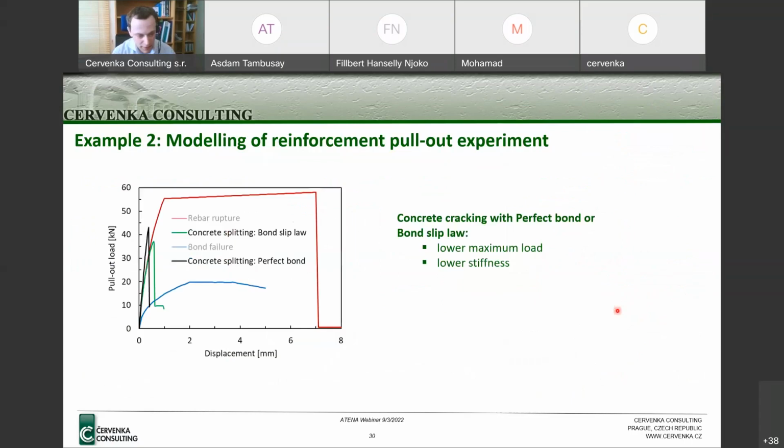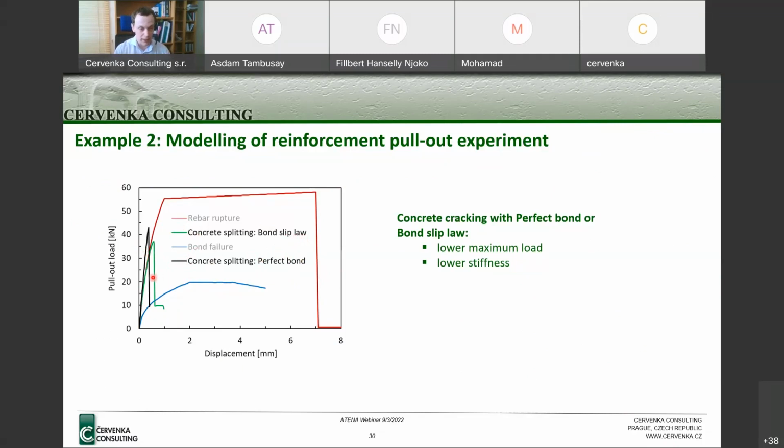Final slide of this presentation, just to compare the two. As at the beginning, I was explaining about simulating the bond slip as a function of cracking of concrete. So if I compare it with a function where I have some bond slip defined, then I'm comparing this black and green curves, and it shows some general trend.